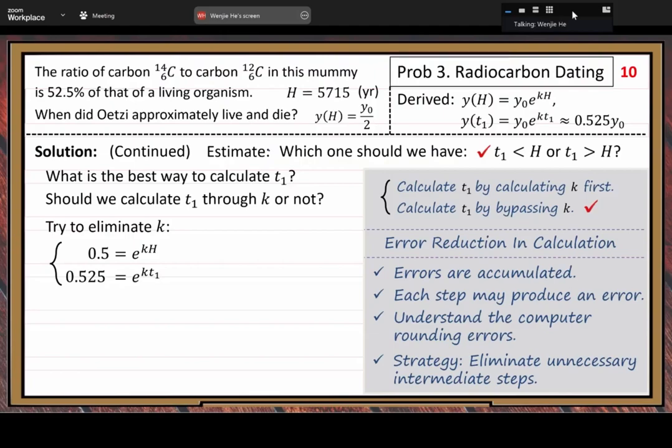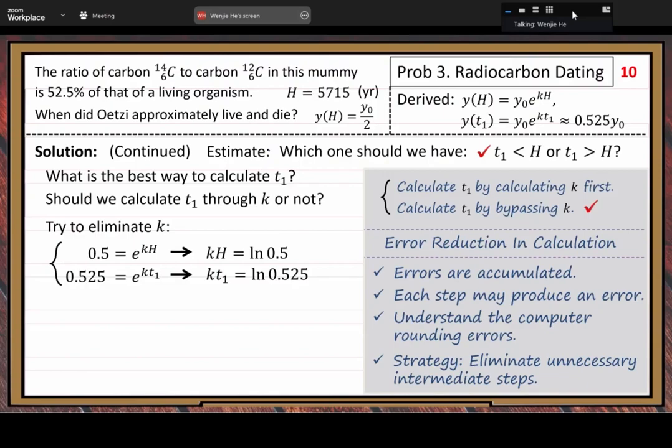Let's take natural log on both equations, base e, so we don't have the base e. KH equals natural log of 0.5 for the first equation. Second equation, K times T1 equals natural log of 0.525.